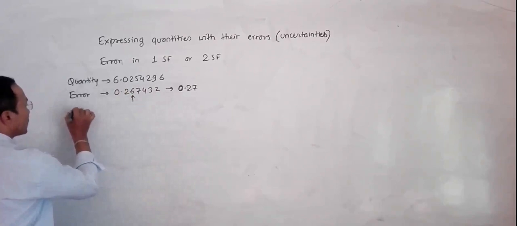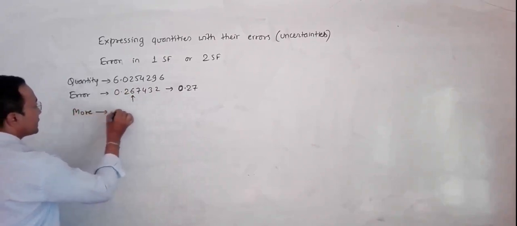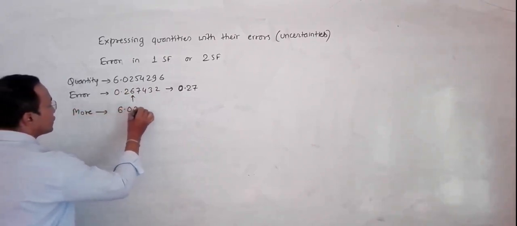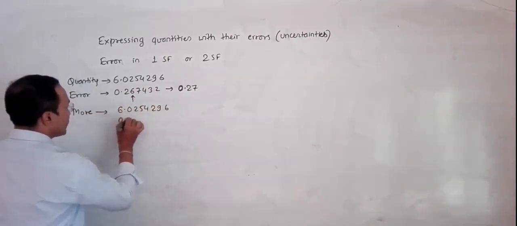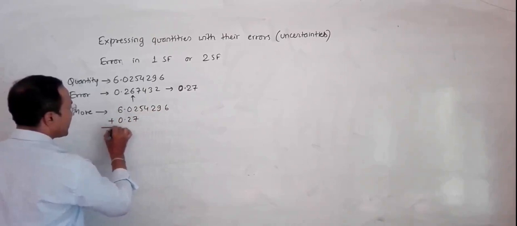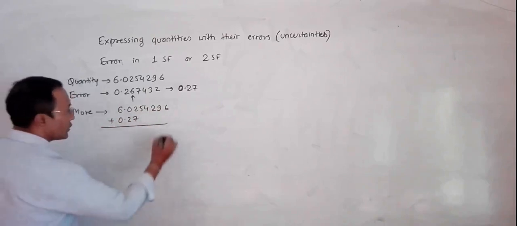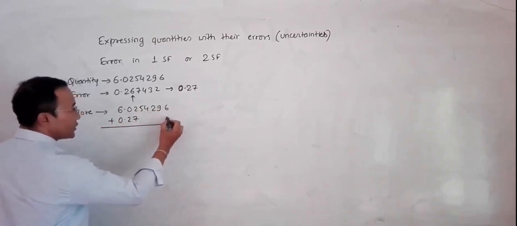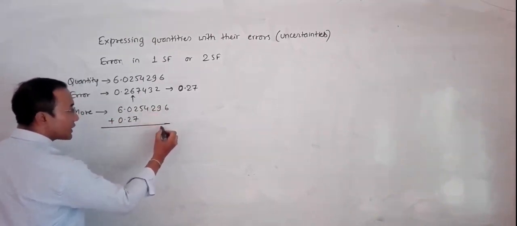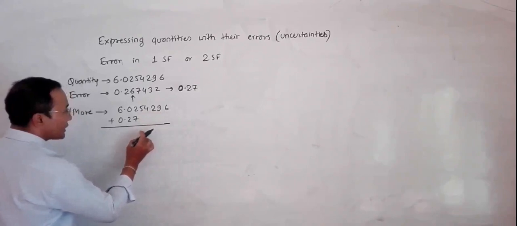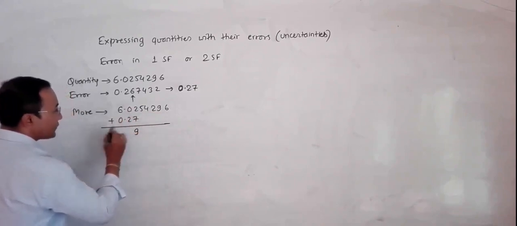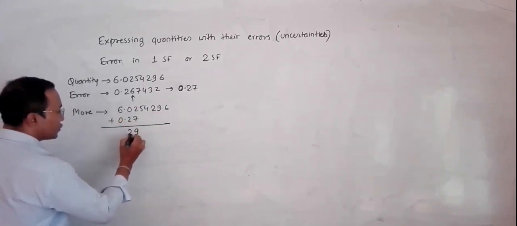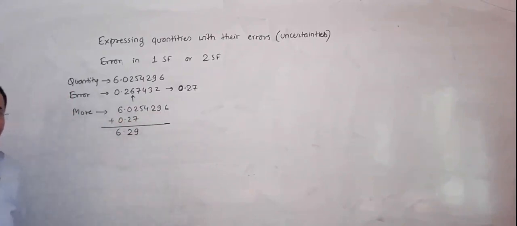If it is more, the quantity would be 6.0254296 plus 0.27. We know this part, we don't know this part, so we can add this. So if it is more, it is 6.29202.